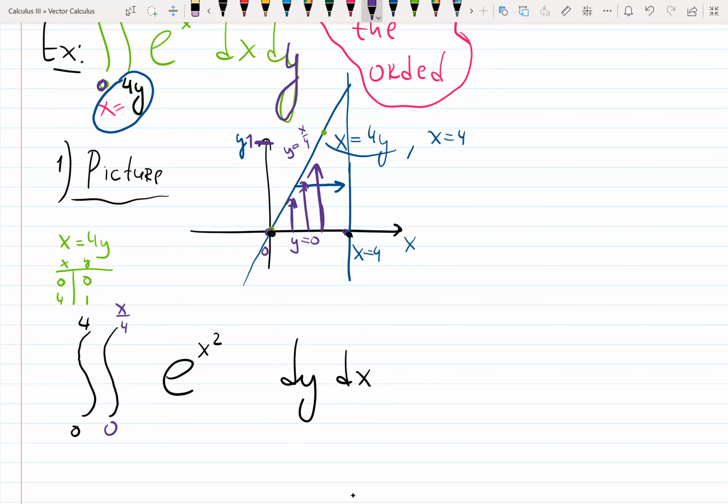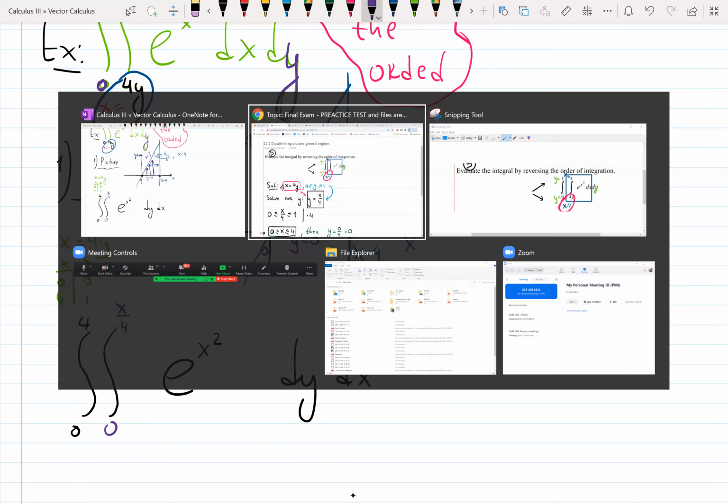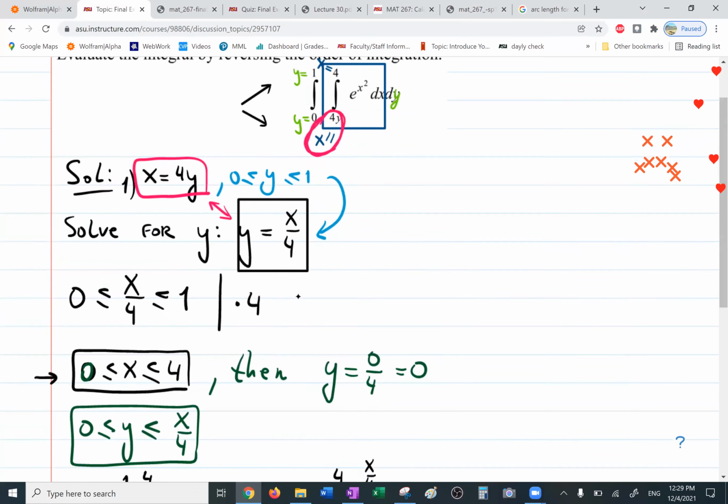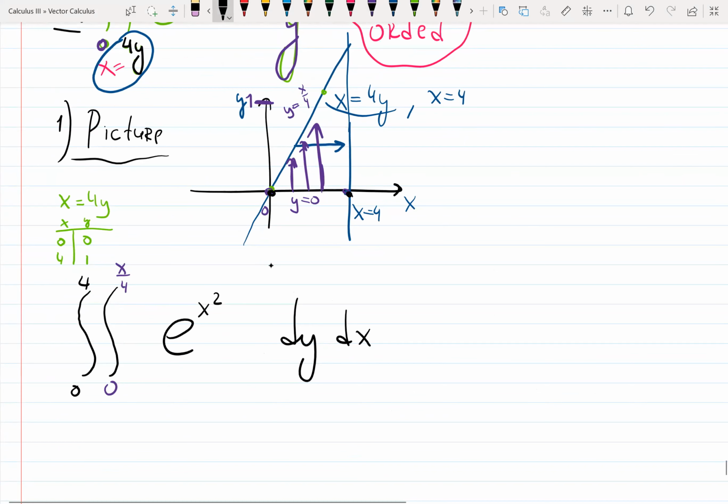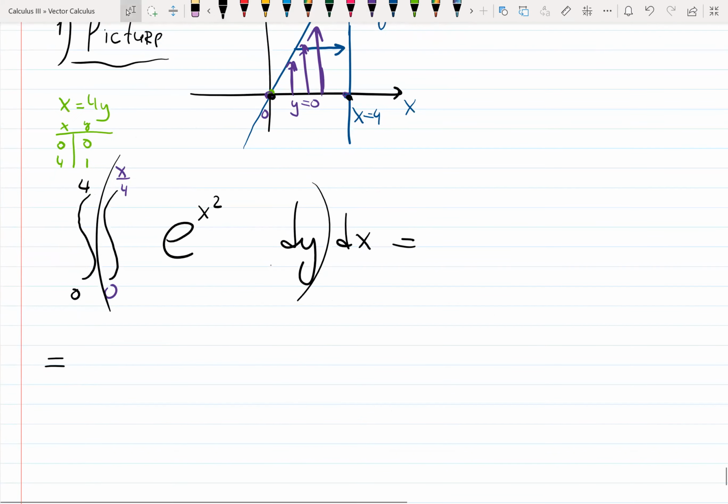That's all. What do you think about reversing the order? Imagine this problem, and we ask you to choose it from the list or to finish the integration. Now to finish the integration, you integrate first with respect to y. So it's just going to be the integral from 0 to 4, and that's going to be y e to the x squared, plug in the top minus the bottom.